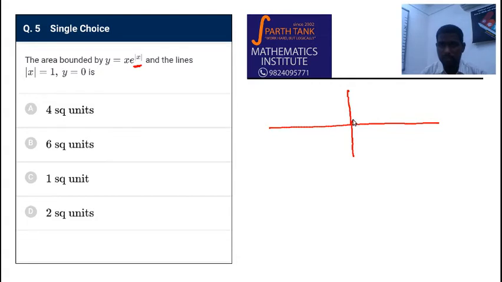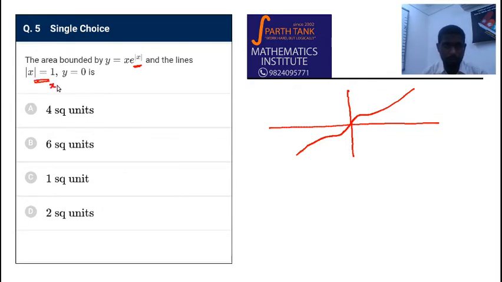So it starts with 0 and then would go to infinity somehow like this, and on the other side it would take the other way, going to minus infinity somehow like that. Now they say find the area bounded by this curve and the line mod x is equal to 1.